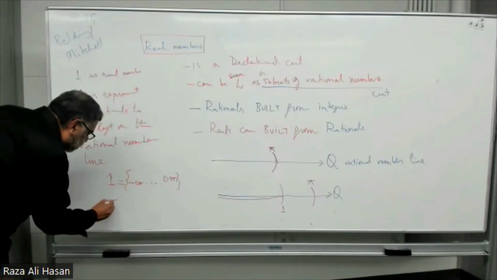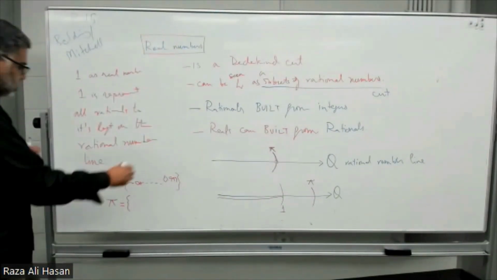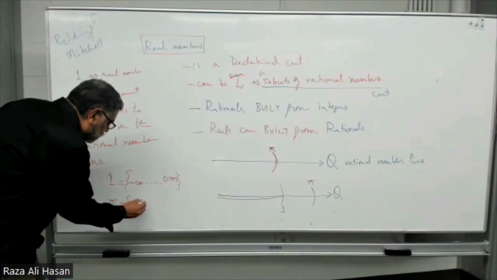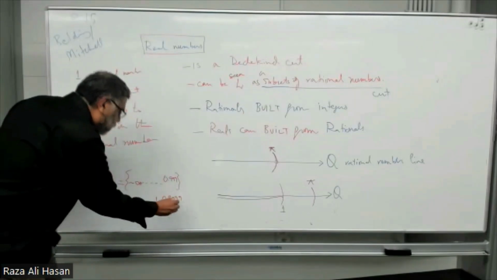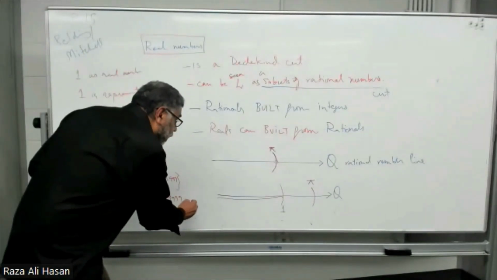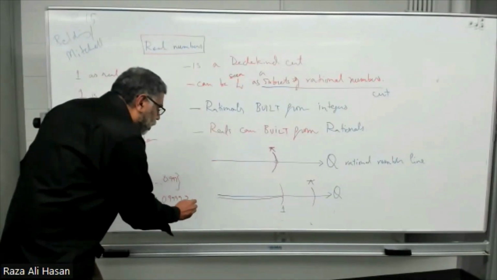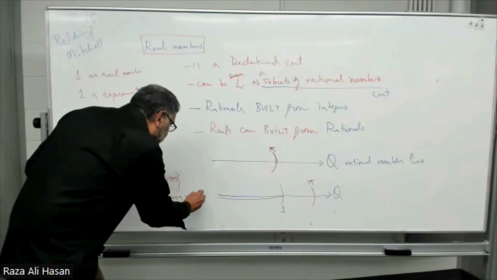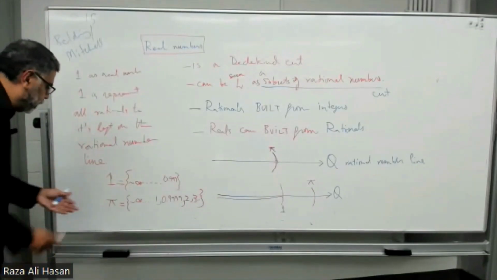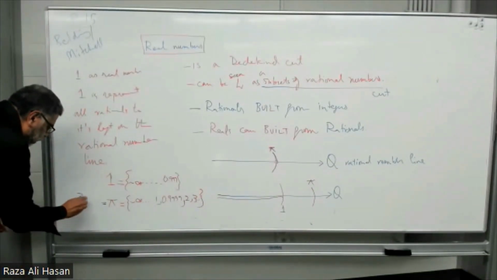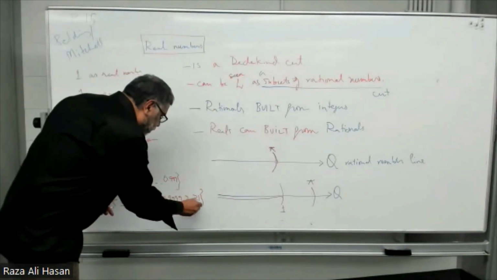Pi is represented by this subset of the rational number line. We have pi is what, 3, right? So we've got 2 here. We even have 3 and maybe a little bit more. Pi is 3.141. So we could have this guy here maybe.